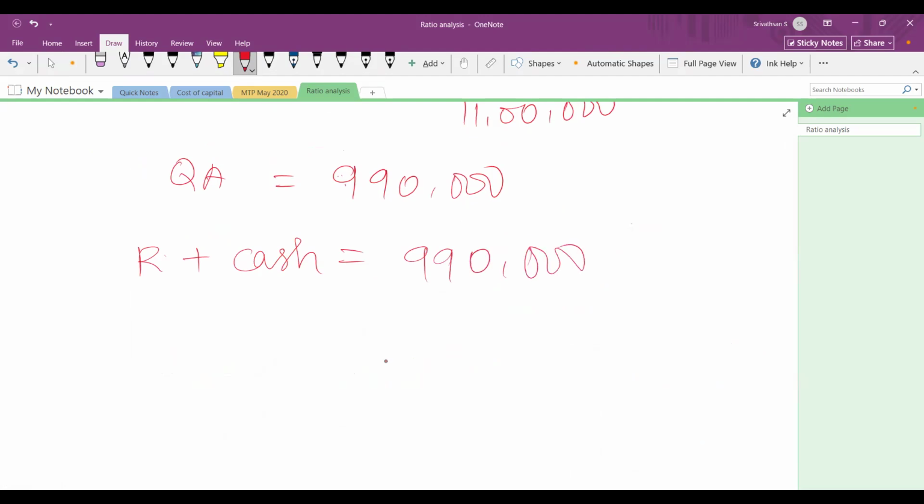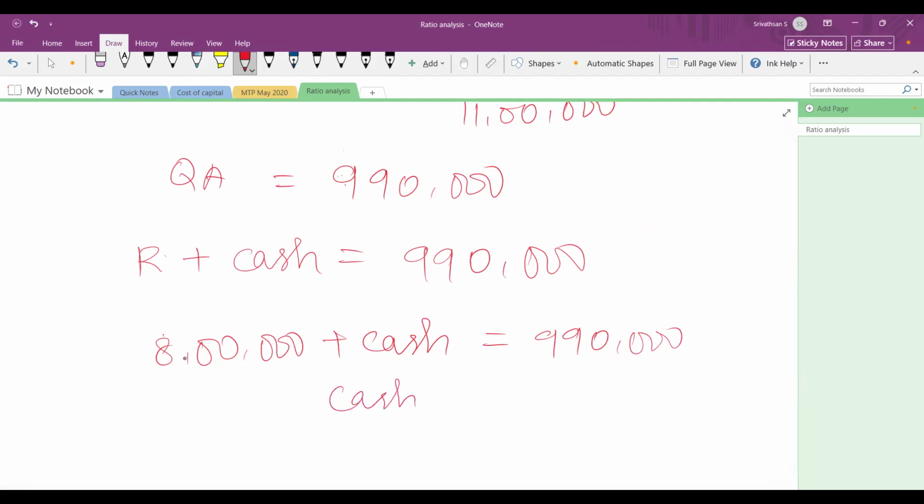So we know receivable is 8 lakh, plus cash, got it? So cash is equal to 1 lakh 90,000. Everyone done with this?